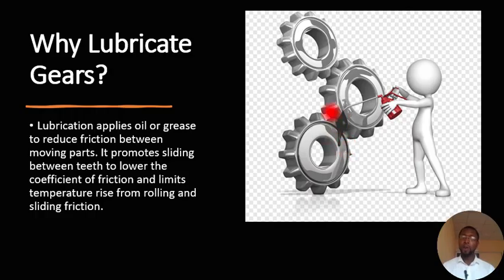The substance from lubrication is called lubricant. By the time you apply lubricant, it is going to reduce temperature rise because there is no friction. Where there is friction, that's where you can have temperature rise. So every gear, irrespective of the type, must be lubricated to avoid it from stopping or shutting down.